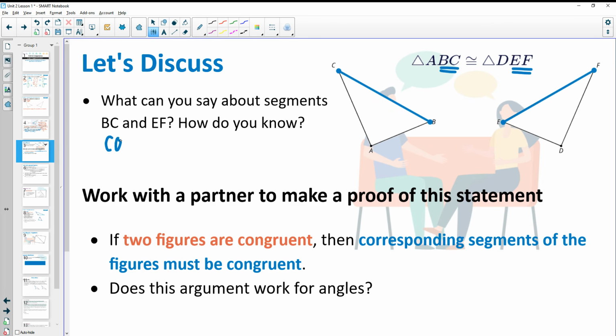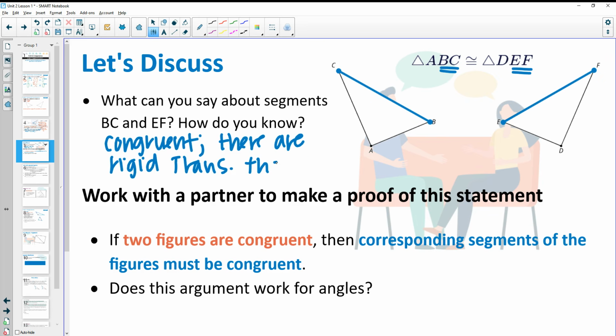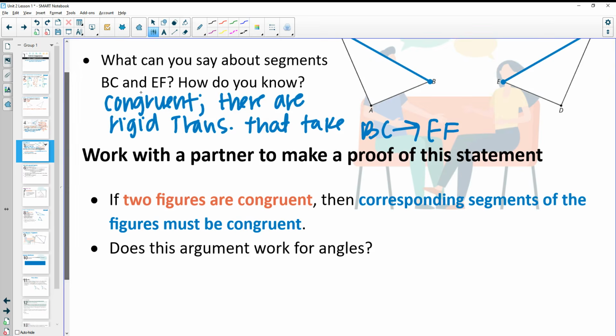And so we know that these are going to be congruent, and we know this because there are rigid motions or rigid transformations that take BC to EF. And we know that rigid motions keep the figures congruent.